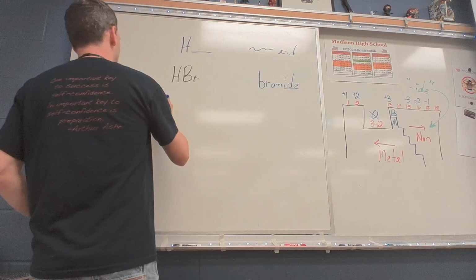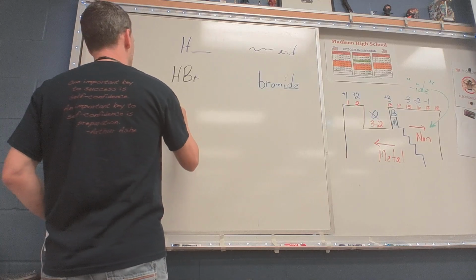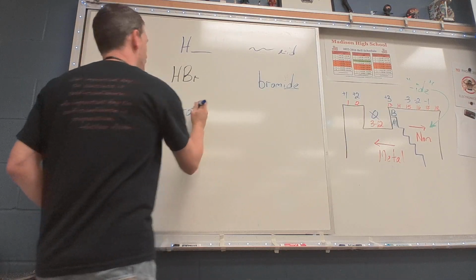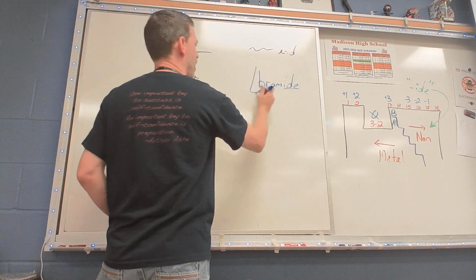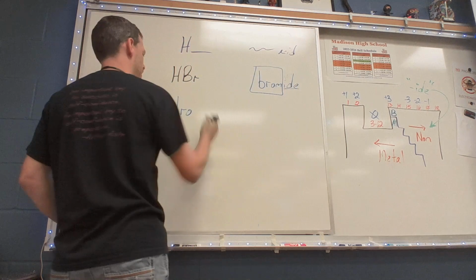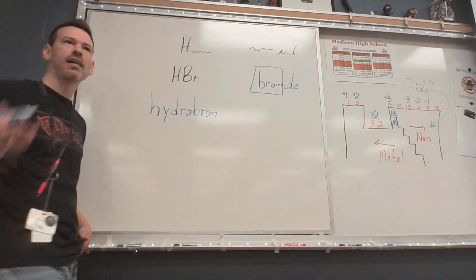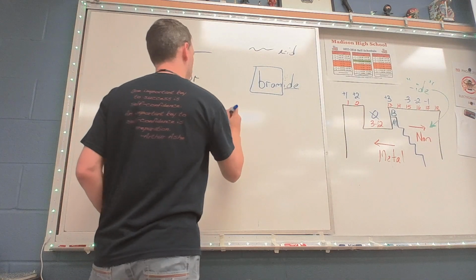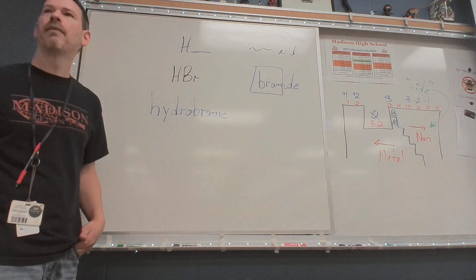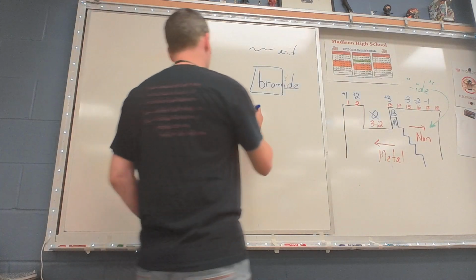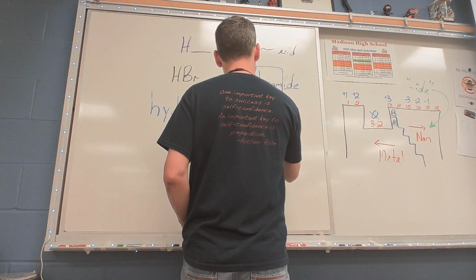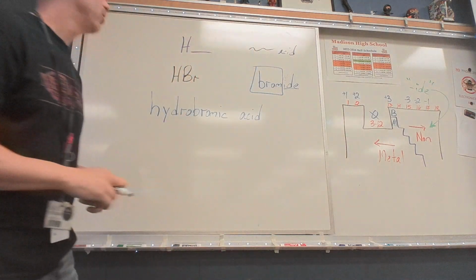It's hydro blank ic. Hydro. The blank is going to be everything that's not the ide. And ic. Following the rule from the previous slide. Add the word acid, and you've done it.